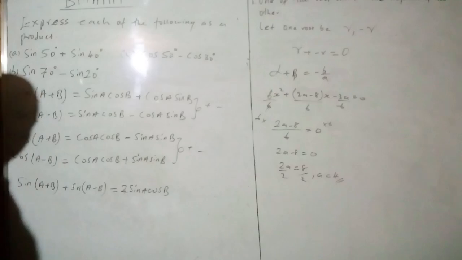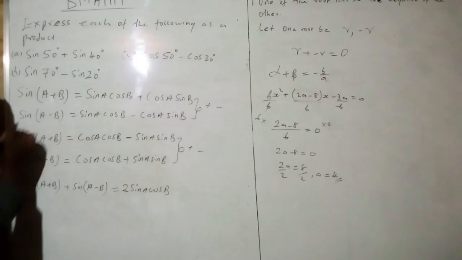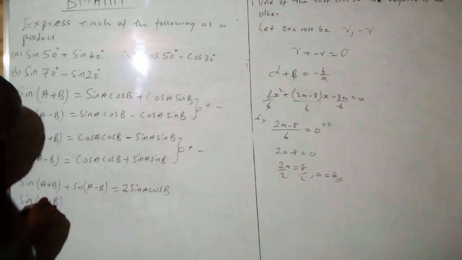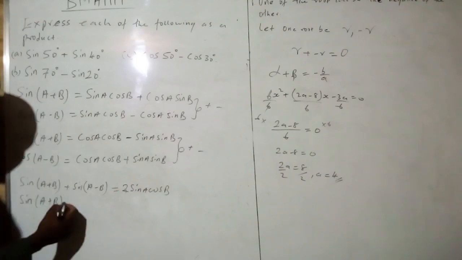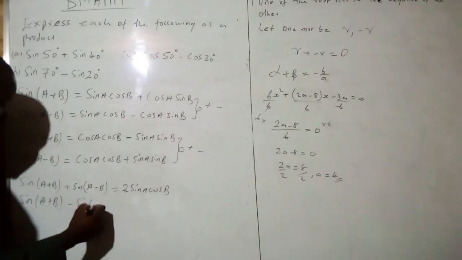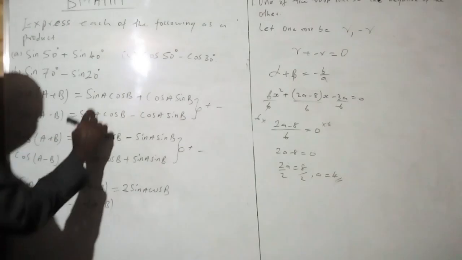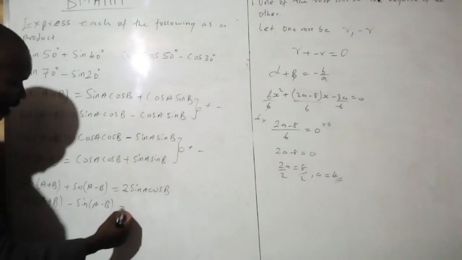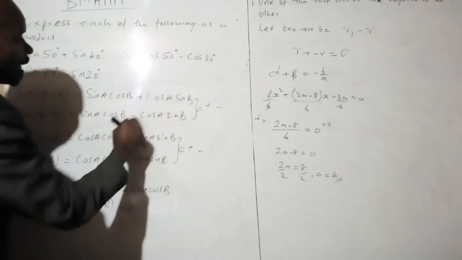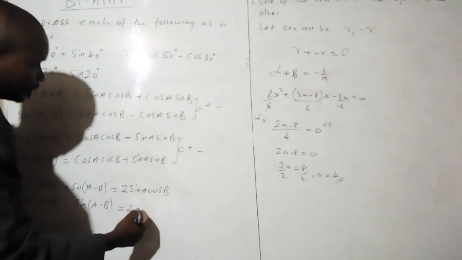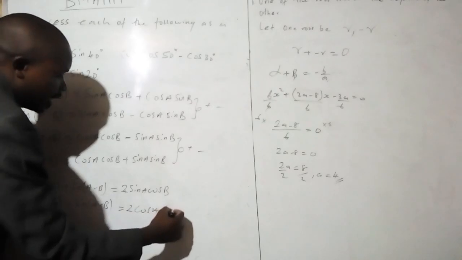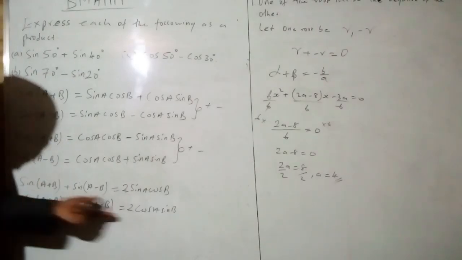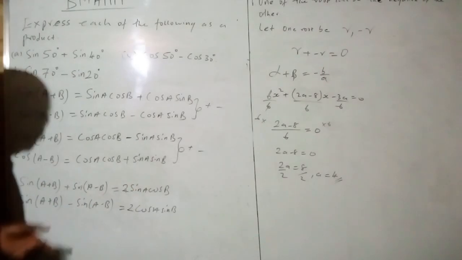Then we subtract: sine A plus B minus sine A minus B. This will be 0, and this minus this will be 2 cos A sine B. For the plus and minus, we are supposed to get the summation and product. And then we proceed to the other one.